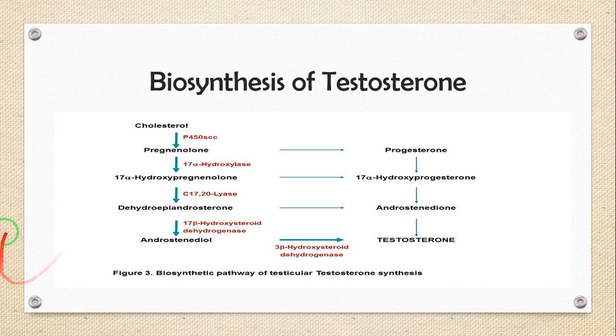So in order to have a normal level of testosterone, the levels of all these enzymes must be normal. Deficiency in any of these will lead to decreased production of testosterone and accumulation of the product in the steps before the defective enzyme, and this substrate may enter an alternative pathway and lead to production of different products.